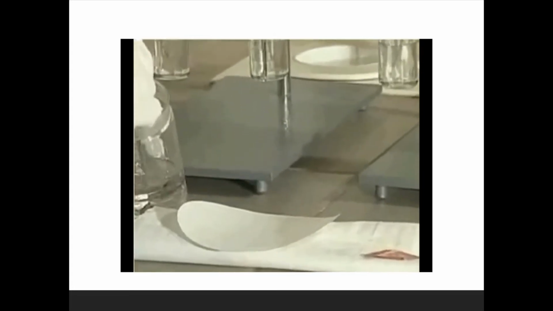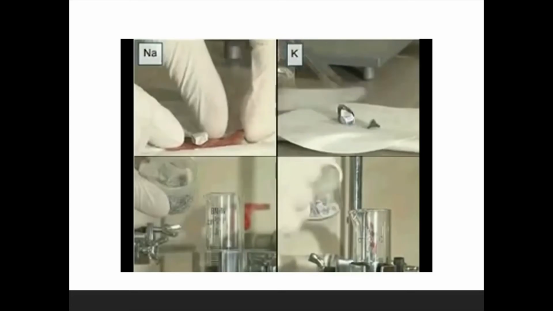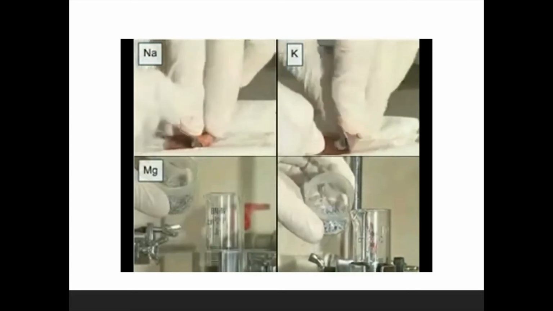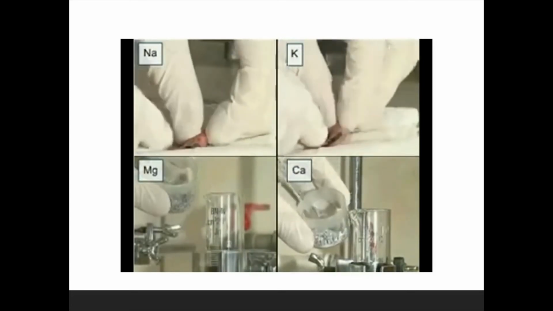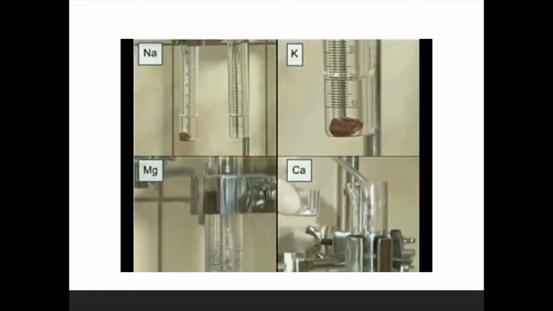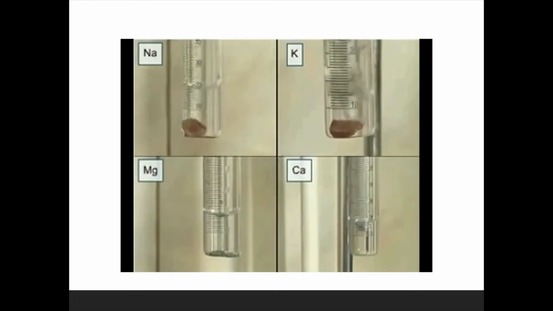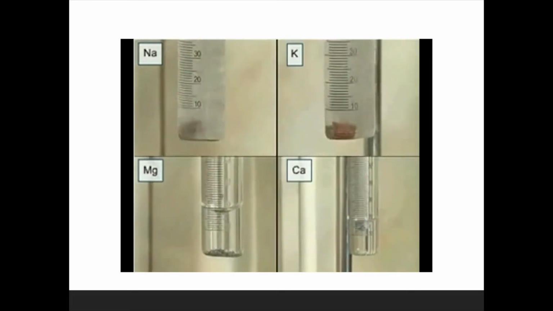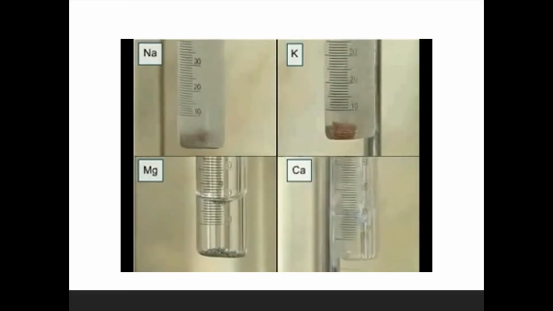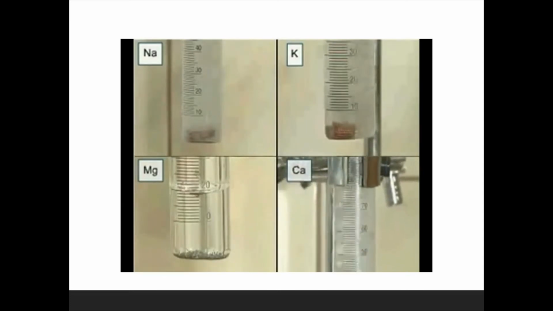Next, we will add small samples of the following metals to the cylinders. 1 metal to each cylinder: sodium, potassium, magnesium and calcium. In all the cylinders, we can see the metal effervescing with the release of gas. However, the speed of reaction varies among the samples and decreases in the order potassium, sodium, calcium, magnesium.